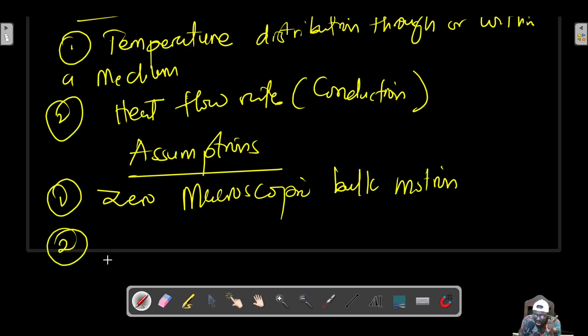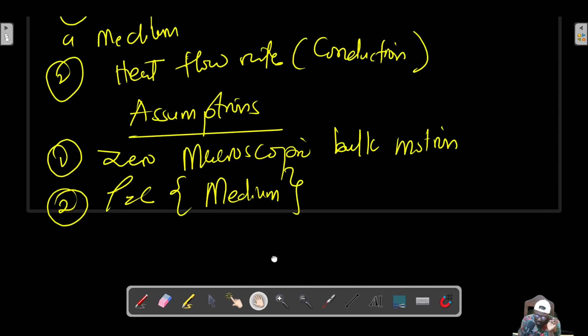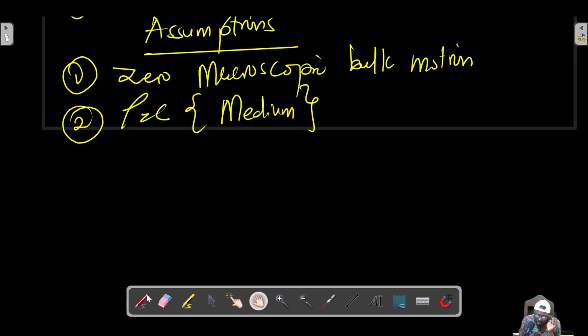Now the medium is of constant density, so we have a constant density medium. Now the specific heat capacity at both constant pressure and constant volume are all constant.